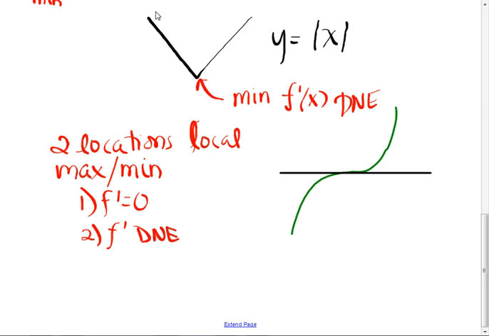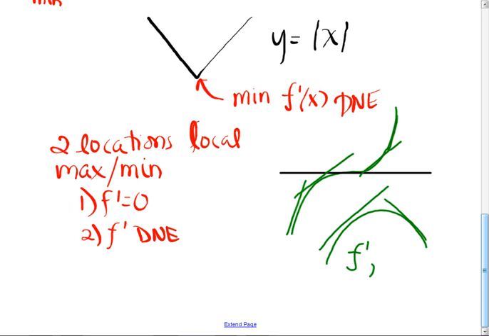What has to be true about the slopes of the tangent lines for you to have a max or min? It has to change sign. So F prime being 0 or not doesn't matter, but it has to change sign. That's really what you have to do.